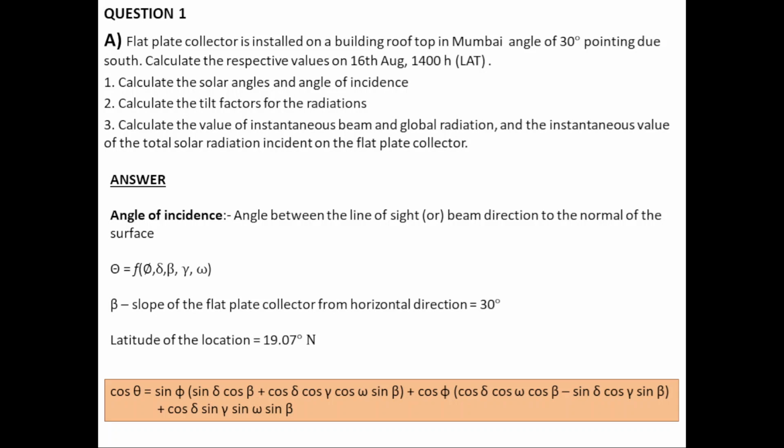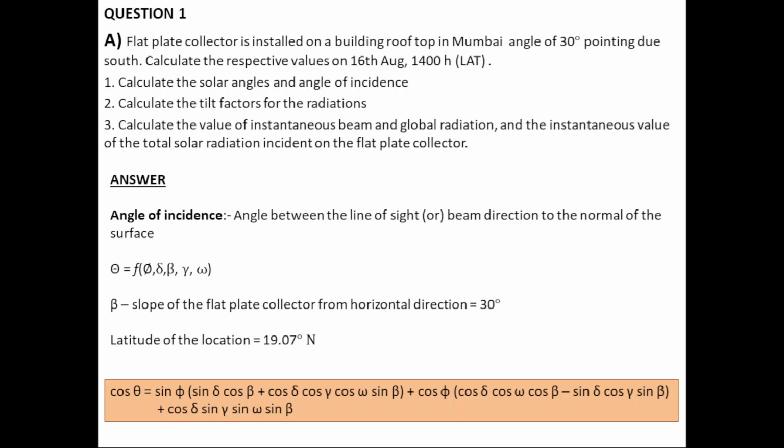This problem asks us to calculate the values on 16th August at 14 hours LAT. Suppose you are given just the solar time, like 9:30 a.m. Then you have to convert the solar time to local apparent time.